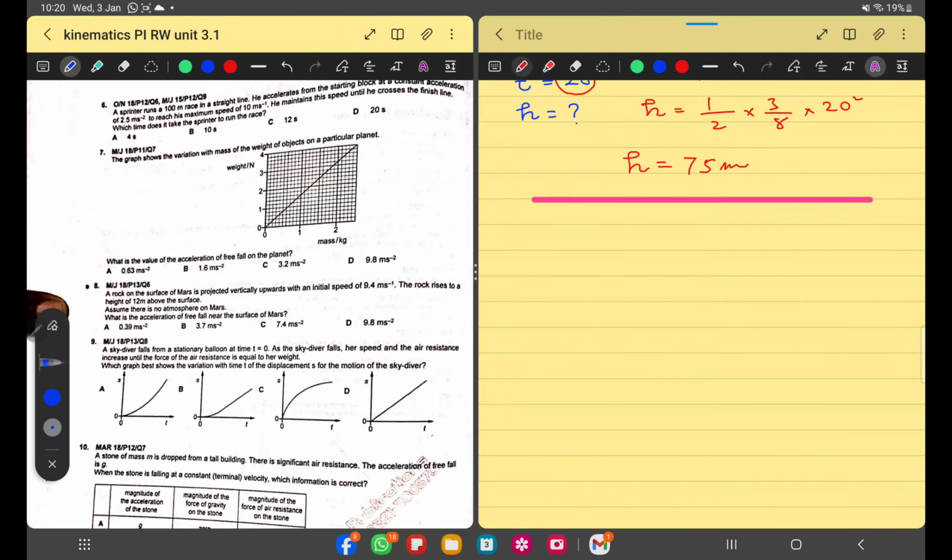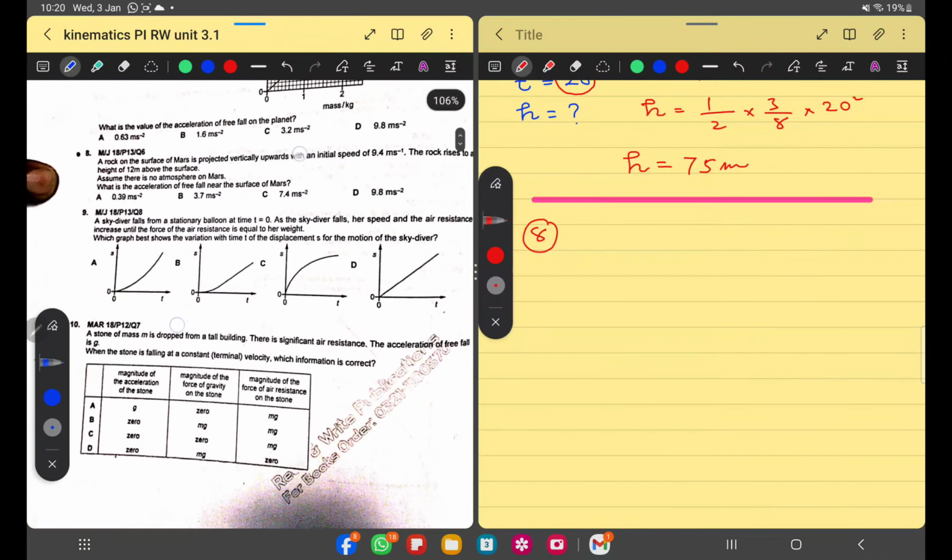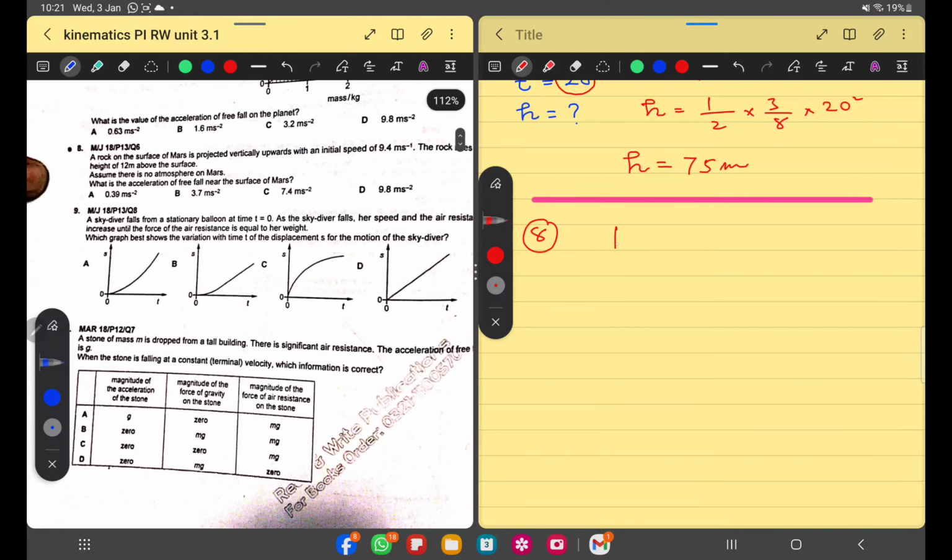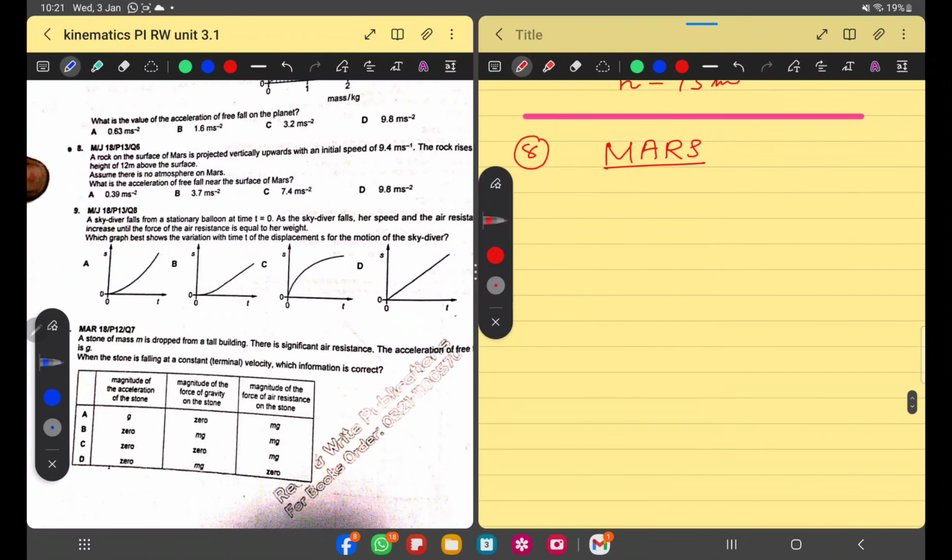In question number 8, a rock on the surface of Mars. Again, we are not on the surface of Earth. We are on Mars. A rock on the surface of Mars is projected vertically upward. If an object is thrown vertically upward, then obviously the final velocity will be 0.